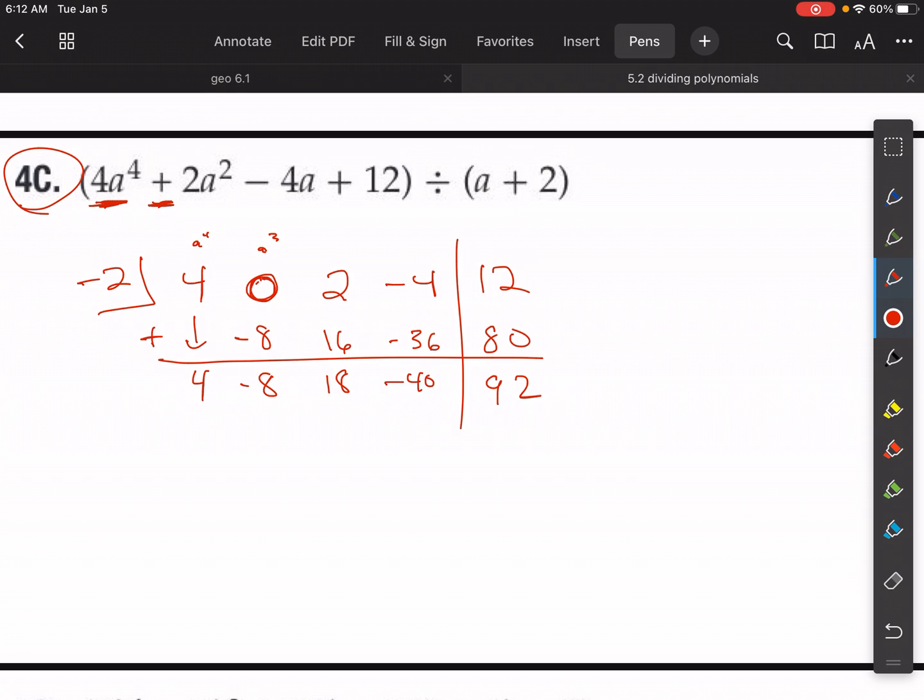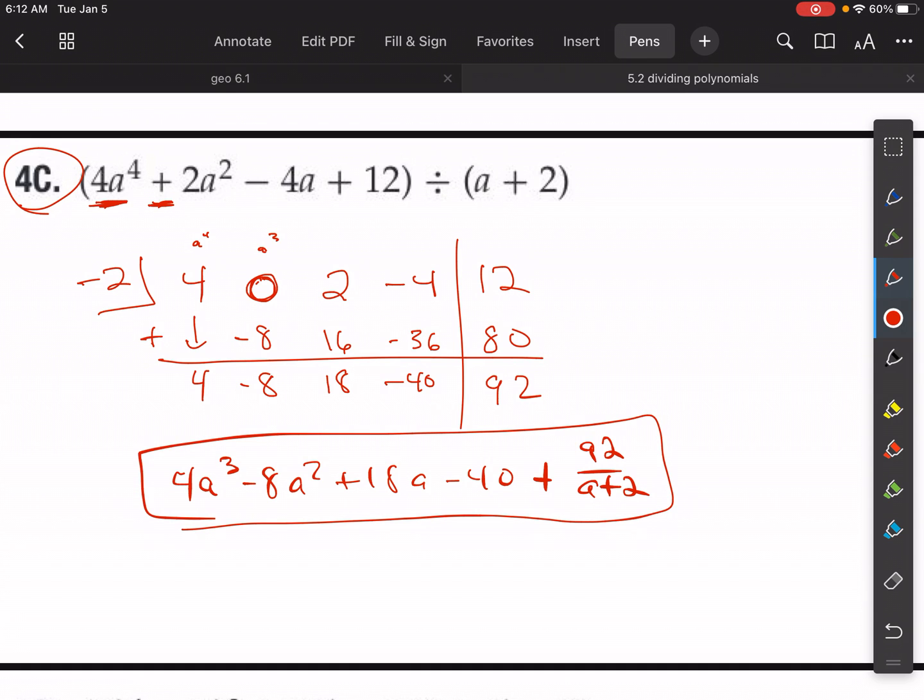So let me just make sure I didn't do that wrong, because we can easily do something wrong, but just want to check to make sure that they're showing you remainders. They are. So my answer to this is 4a to the third minus 8a squared plus 18a minus 40. Okay, then we're going to add a remainder, 92 over a plus 2.